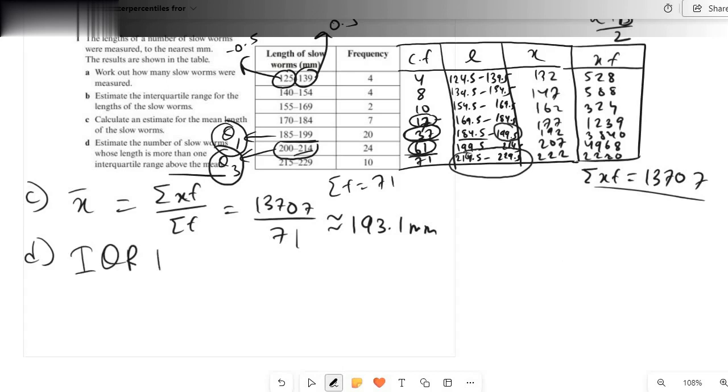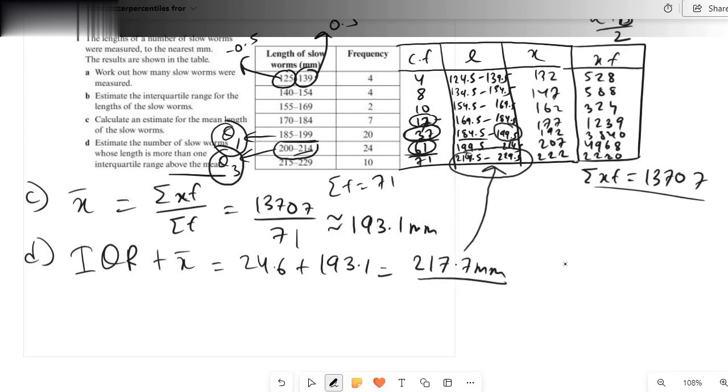So 1 IQR plus the mean, which is 24.6 plus 193.1, which is 217.7 millimeters.